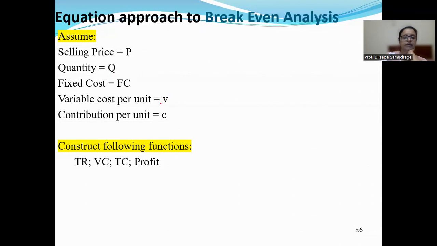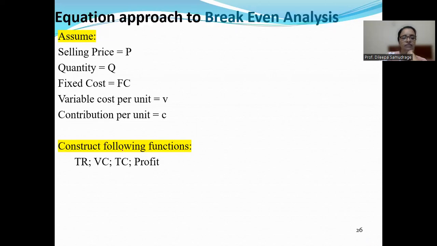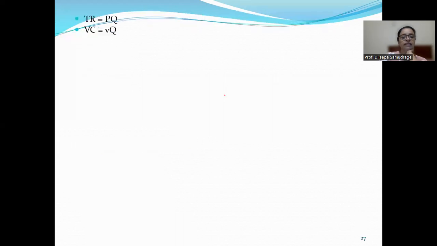Variable cost is simple V into Q. Then the next one, total cost. Total cost means the fixed cost plus variable cost, but you wrote variable cost as simple V into Q, right? So therefore, you can write total cost like this, simple V into Q plus FC.